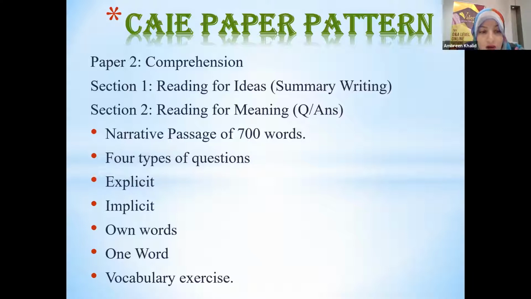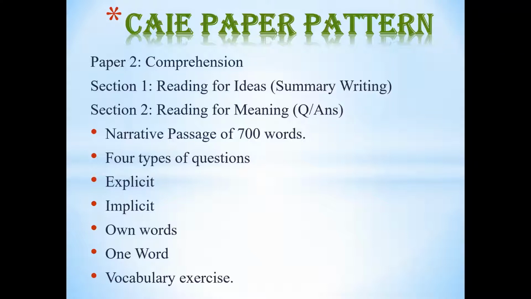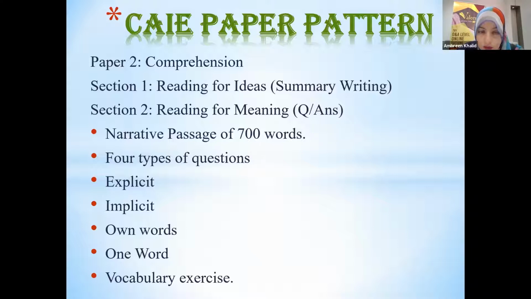And the effect part is actually implicit question, where you have to think about it and apply your knowledge. So whatever strategies we learn or try in explicit, implicit, own word questions, we apply the same strategies for solving meaning and effect questions as well.